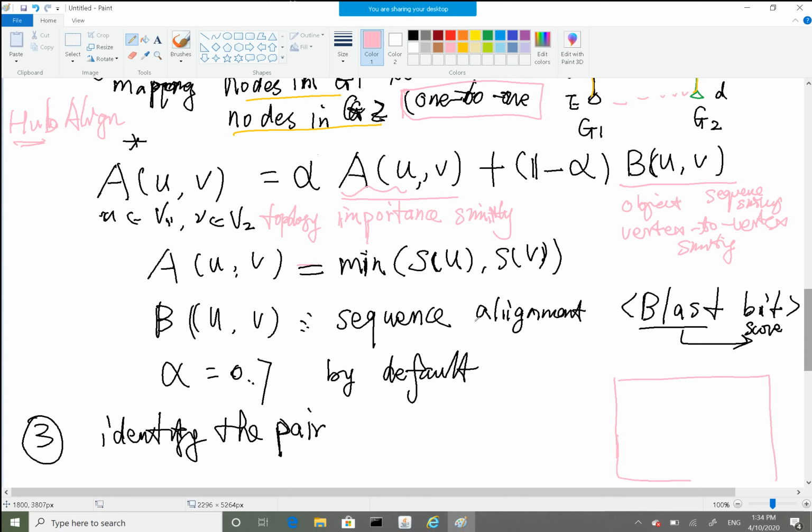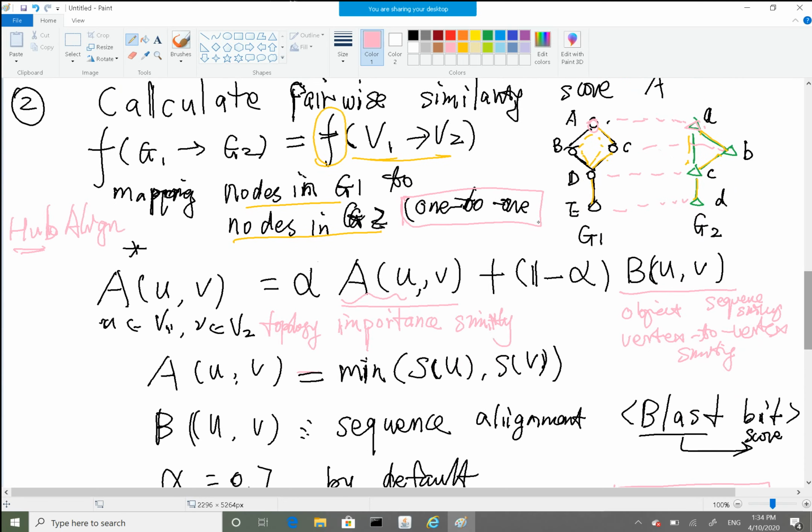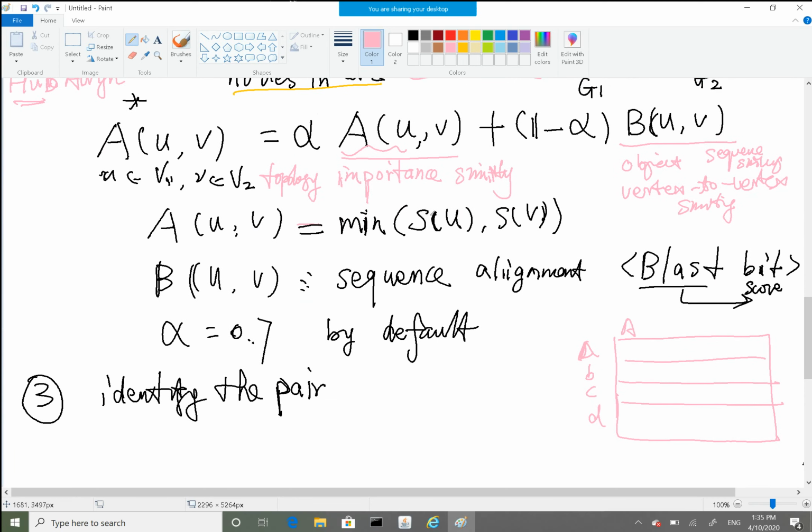And the matrix here corresponds to, for example, we use this as an example. You have lowercase a, b, c, d, and you have A, B, C, D, E. So in this case, based on the second big step, you have a score for each.